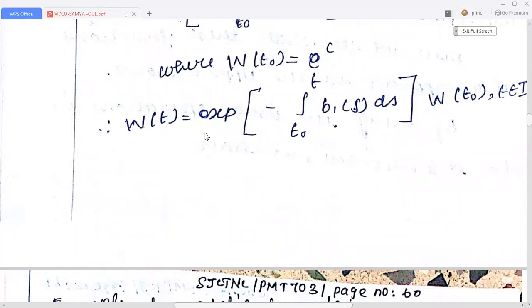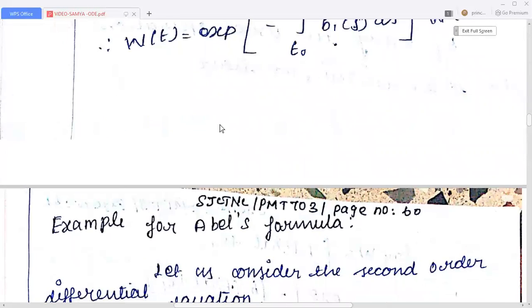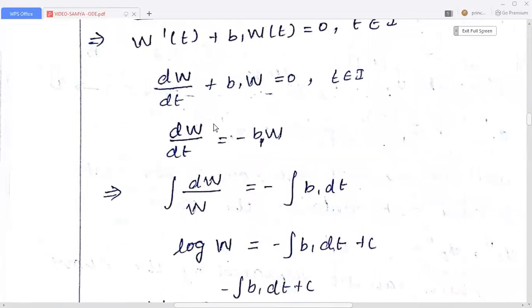Therefore, w of t equal to e power minus integral t naught to t b1 of s into ds, into w of t naught, where t belongs to I. So this completes Abel's formula.